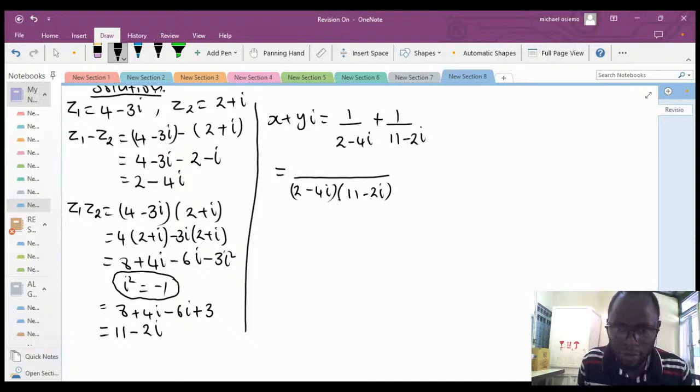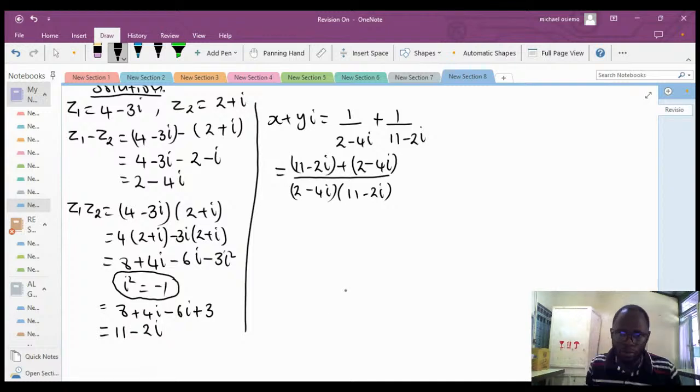So if you take this one divided by 2 minus 4i, we remain with 11 minus 2i, and then plus. If you take the LCM, you divide by 11 minus 2i, we shall remain with plus 2 minus 4i, like that.